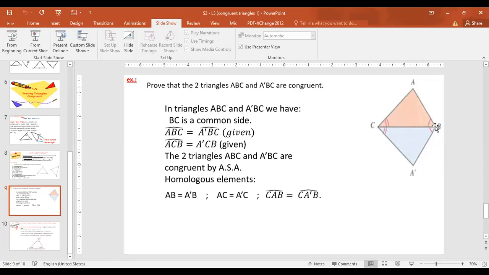Is there any mark on AB and A prime B? Where do you see a mark? No. If you look at side AC and side A prime C, is there a mark on these two sides?